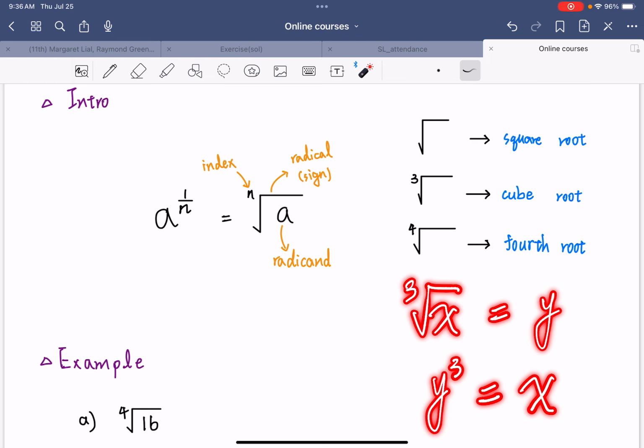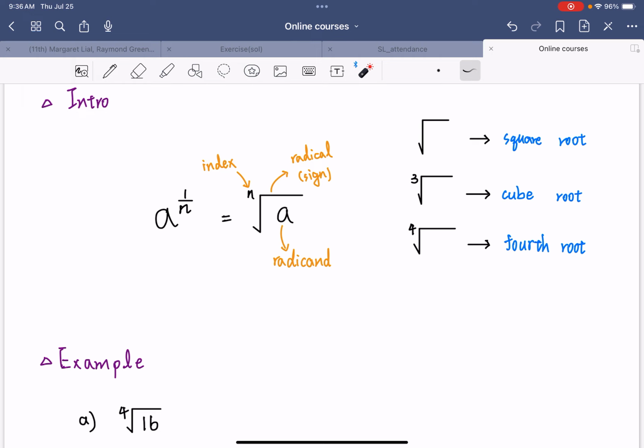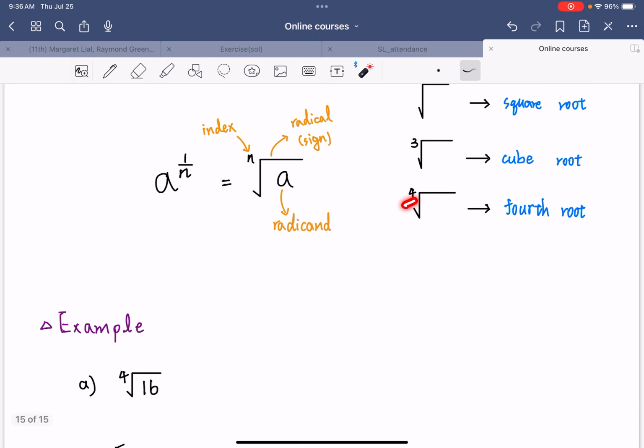Because what we did is we apply the power of 3 on both sides, and then these two will cancel each other, along with the radical sign. So we'll leave x here, and y will become y cubed. And we call the number y the root. And same with fourth root, and keep going, it will be fifth root or something like that.